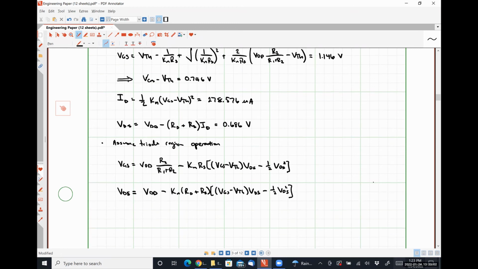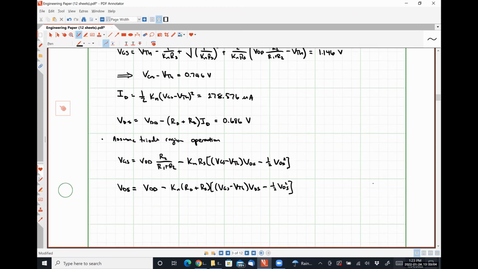And when we solve, we get two solutions. The first solution says that VGS is 1.147 volts and VDS is 0.690 volts.